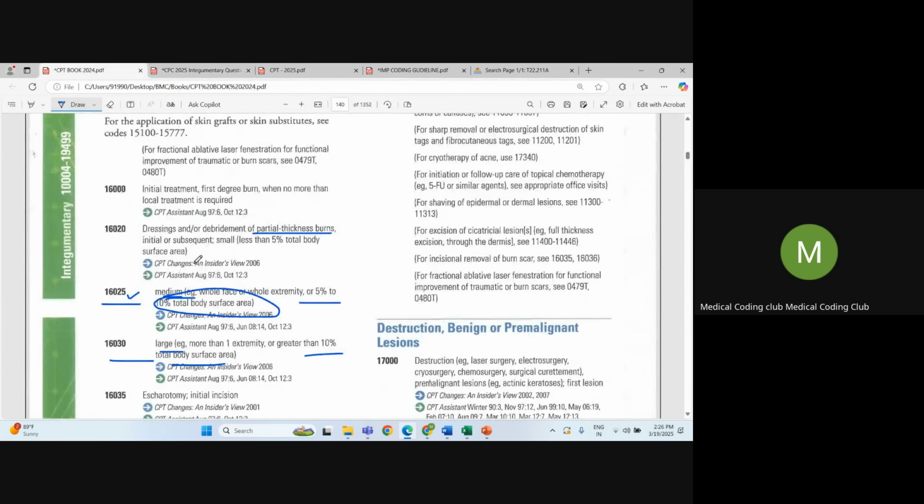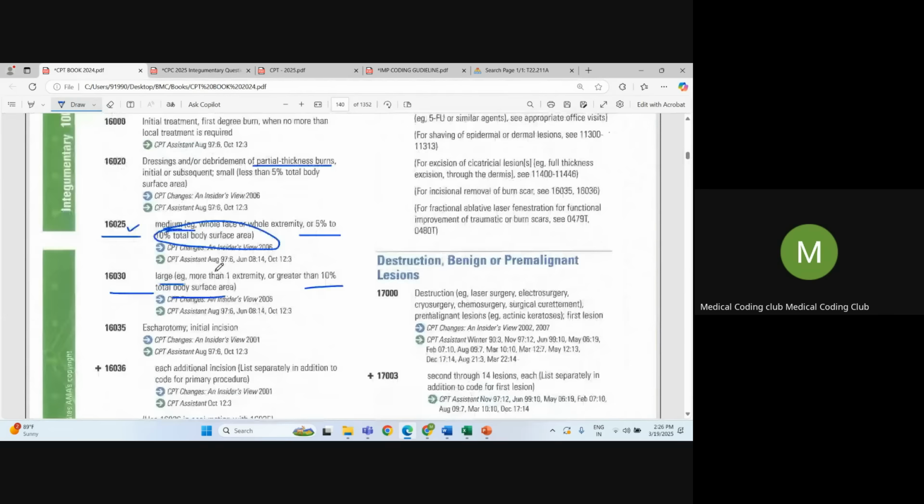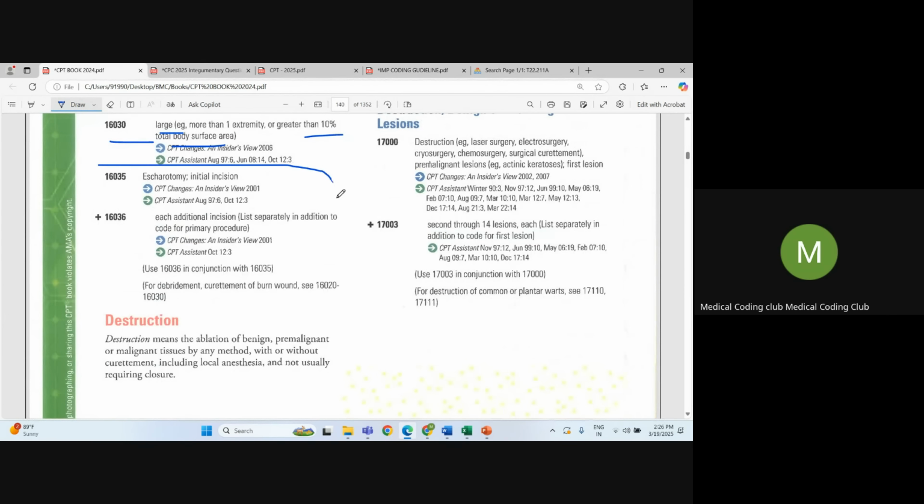And also in this burn section, check the escharotomy procedure. In escharotomy, we have two codes, one primary and one add-on code. For the initial incision, the first incision, you code 16035. If they do additional incisions, say for example the provider has made 3 incisions to perform the escharotomy, you have to code 16035 and 16036 with units 2.